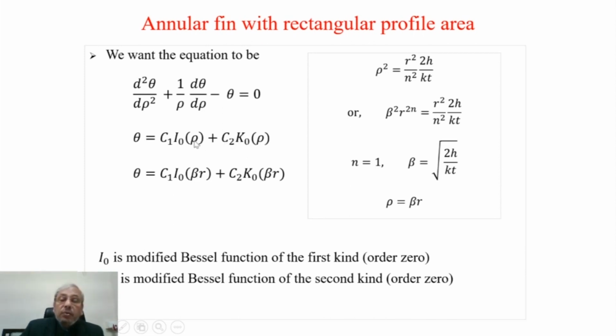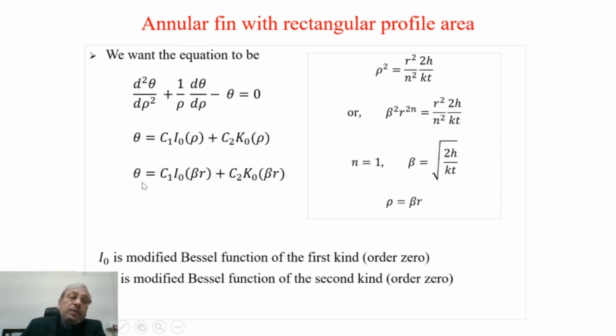Rho is the argument, and basically rho is an R dependent function, beta into R, where beta comprises all physical parameters and R is the radial direction, that is, how it varies with the radius.